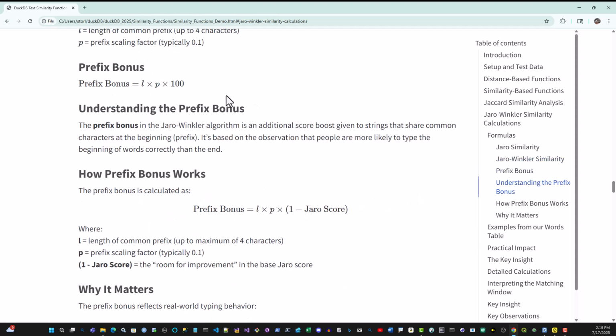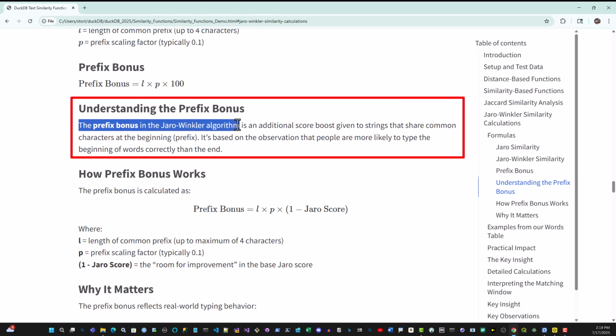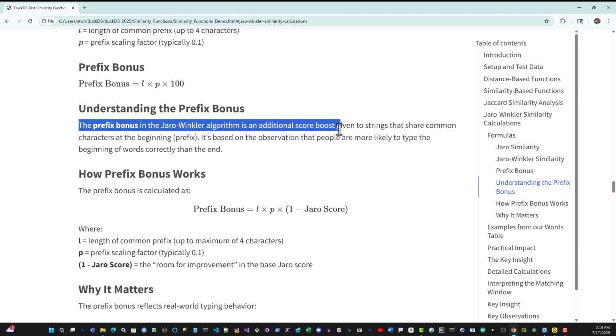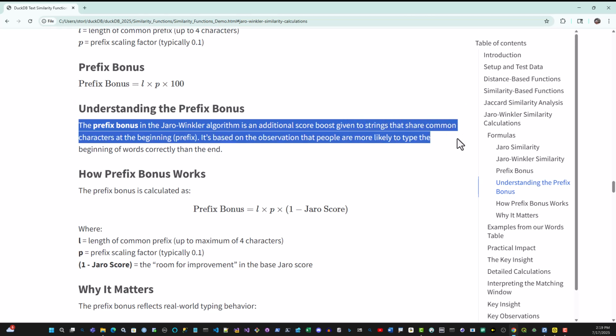Here I wrote a little bit out about what it is. So notice the prefix bonus in the Jaro-Winkler algorithm is an additional score boost given to strings that share common characters at the beginning. So the prefixes, in other words. It is based on the observation that people are more likely to type the beginning of words correctly than the end.